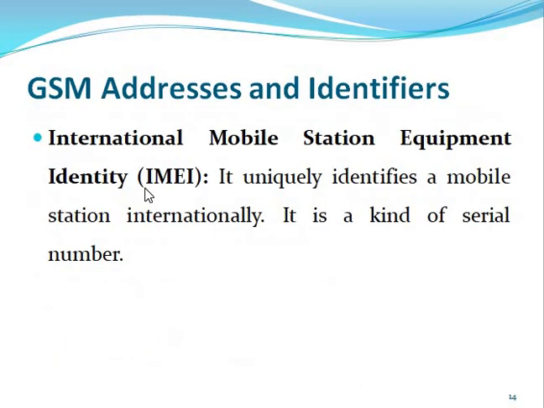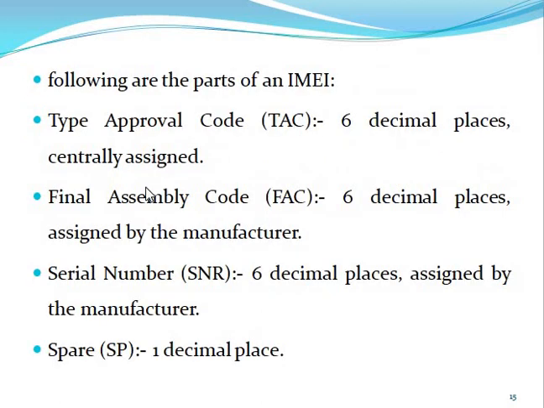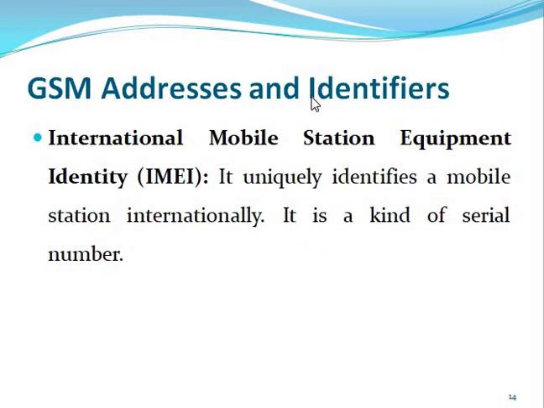Now let us see how many GSM addresses can be identified. They are based on different types. The following areas are part of the IMEI number. The IMEI is the International Mobile Station Equipment Identity.